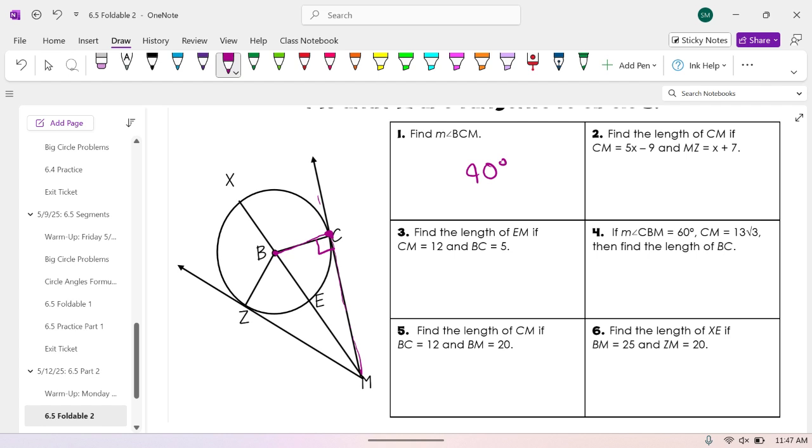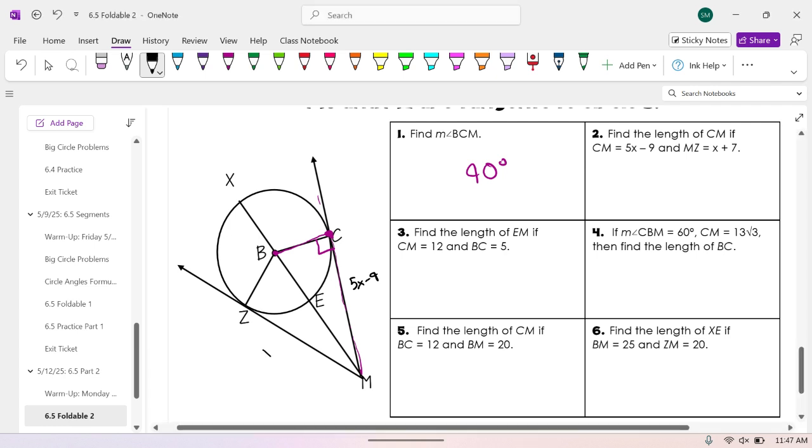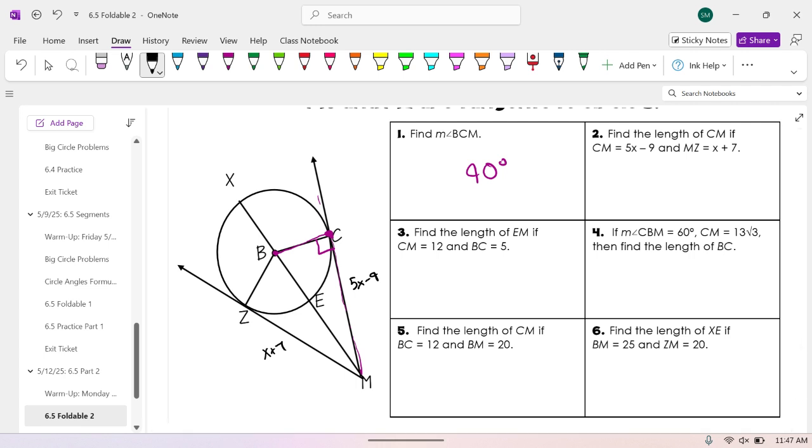Now, it wants us to find the length of CM if CM is equal to 5x minus 9 and MZ is equal to x plus 7. Now, what's true about CM and MZ before we even start anything? They're congruent.